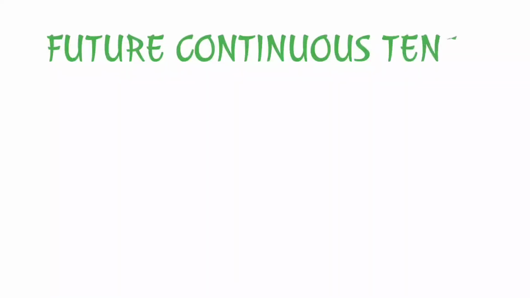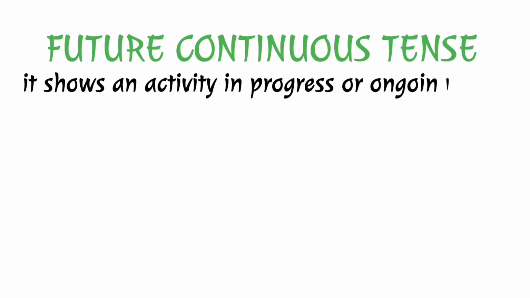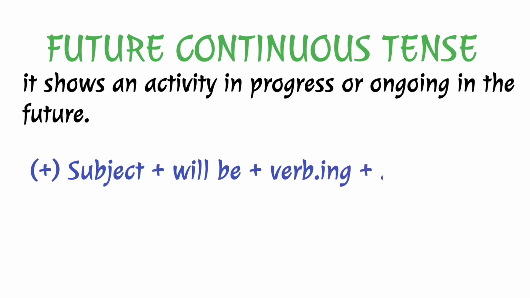Okay, well friends, now let's continue with the future continuous tense. Future continuous tense is used to show an activity in progress or ongoing in the future. So in affirmative, we have subject plus will be plus verb ing.